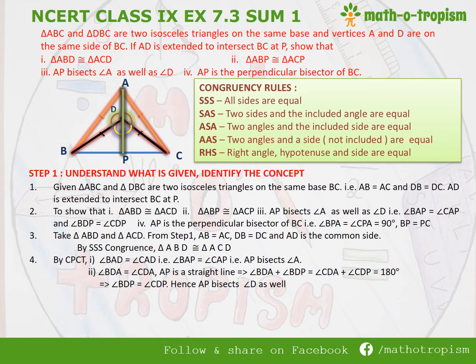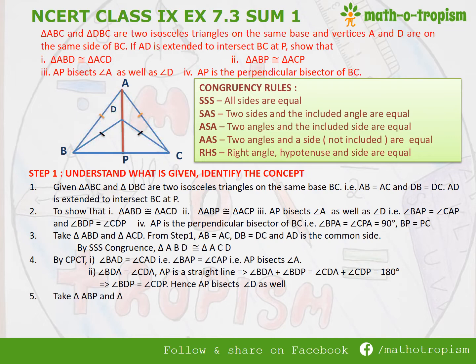So since we have already shown that BDA and CDA are equal, it means that angle BDP and angle CDP are also equal. So AP is also cutting the angle D into two equal halves. Therefore, we can say that AP is bisecting both the angles A as well as angle D. That is the third one which we have shown.